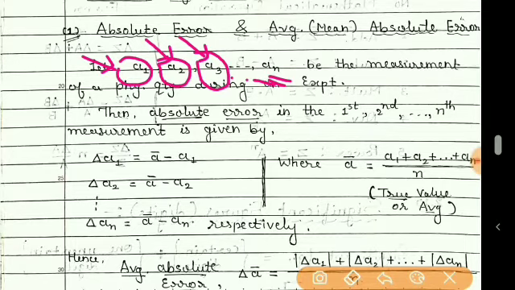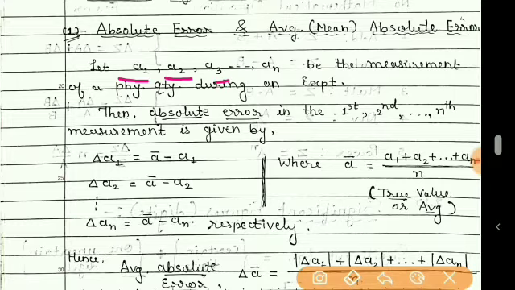Now, after measuring these observations, it was found that all these observations were not the same. Actually, we know that if I am measuring the length of this object, its length is not going to change. The length of the object will remain the same.